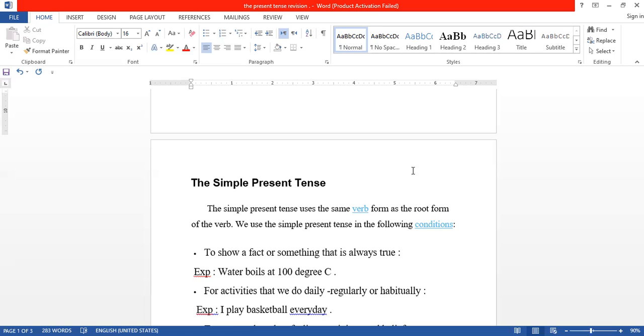But if I use, for example, the verb write in the present continuous, I will have to make some changes. When I say, for example, I am writing a letter now, see that I have added am and I have added ing to the root form of the verb. Yes or no? Yes.